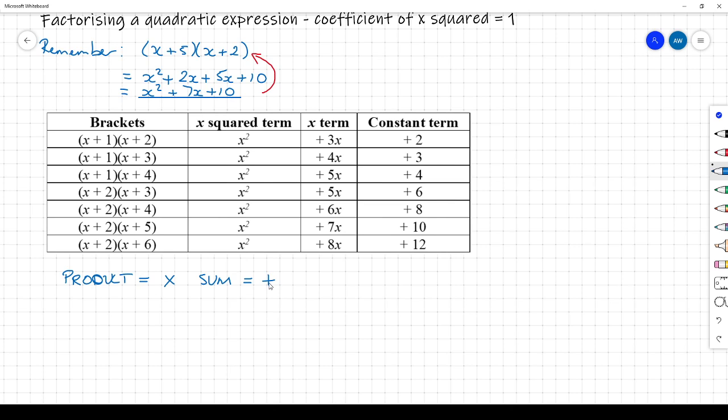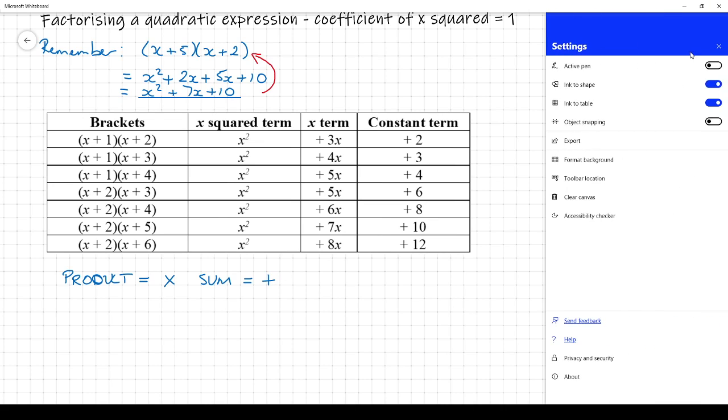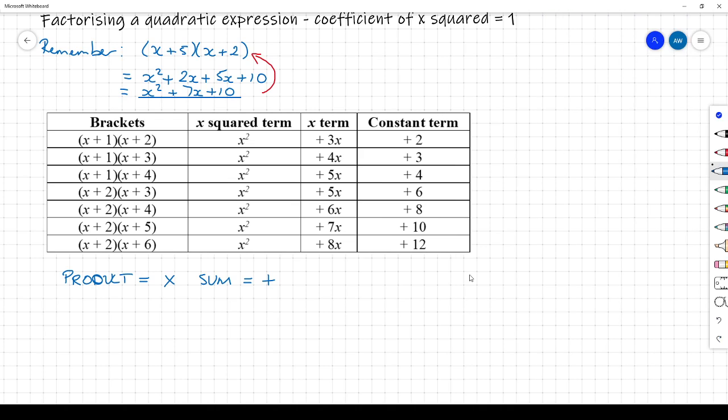And this is what I need you to remember, product and sum. So product means multiply, sum means add. So the product of these two numbers gives me the constant term, and the sum of these two numbers gives me the number in front of x.